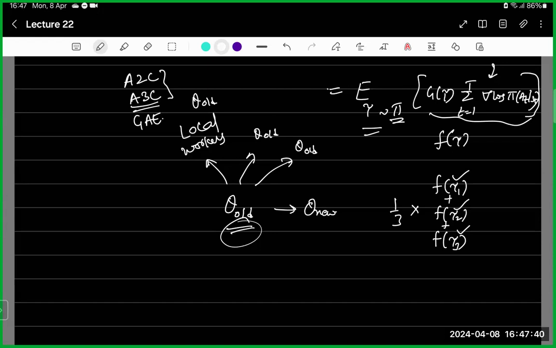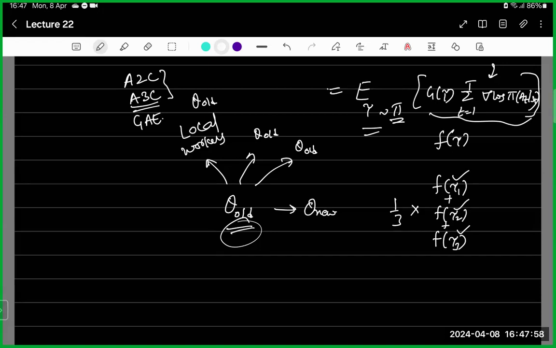Correct? Any doubts in this thing? So you are doing some parallel processing where everyone is generating one trajectory and you use all the three trajectories to compute a better estimate of your gradient.